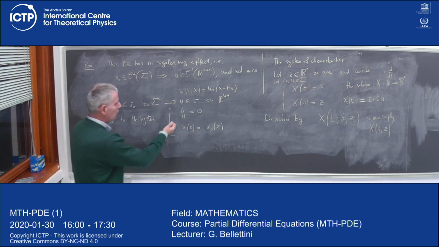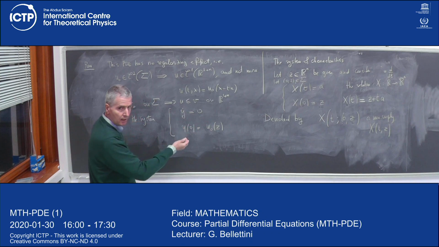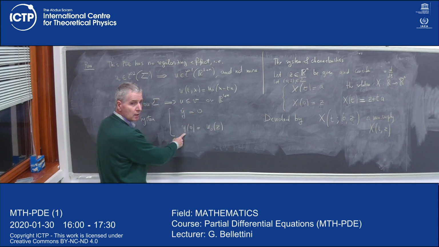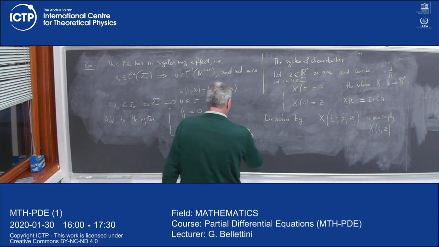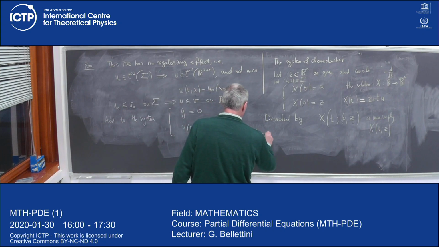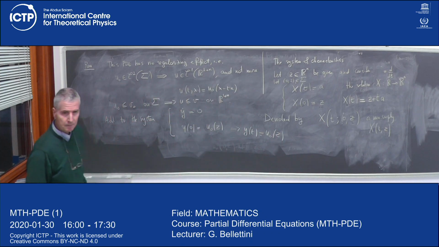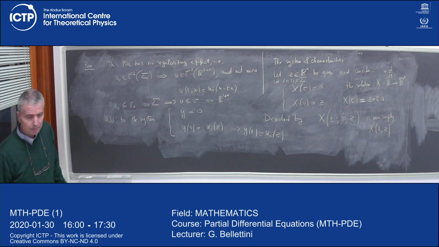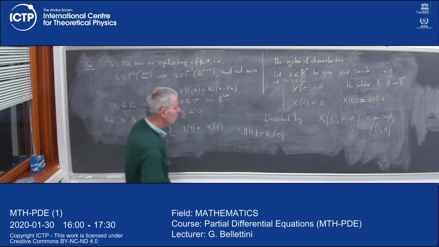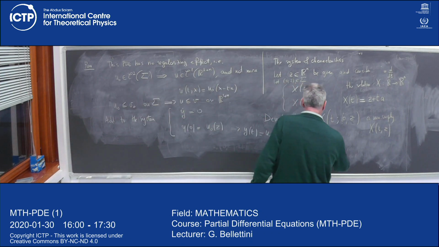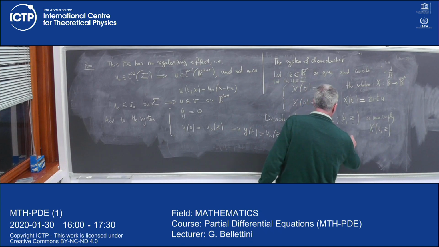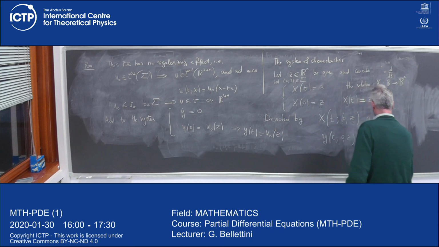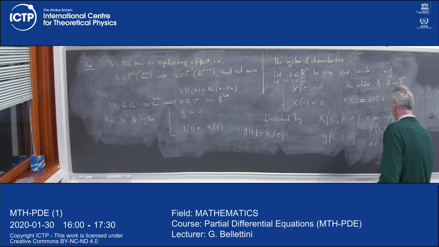Of course, the solution is trivial in this case, because this must be constant, so y of t must be equal to u0 of z, for any t, trivially. Let me denote this solution by y of t semicolon z.